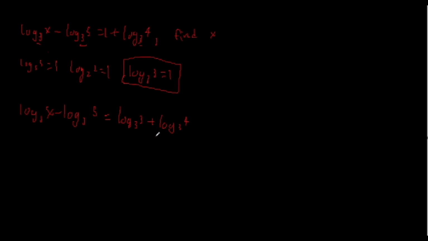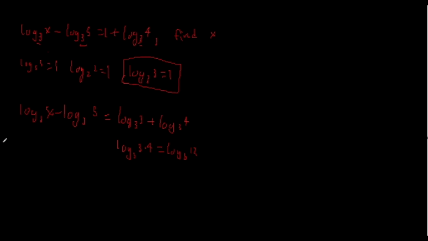Now we have to simplify this further by recognizing that when you add or subtract logarithms with the same base, it's just multiplying or dividing. So on the right side, we're going to have log base 3 of 3 times 4, which is equal to log base 3 of 12.